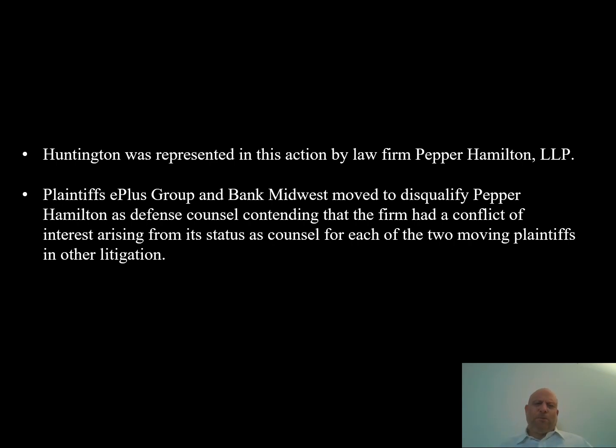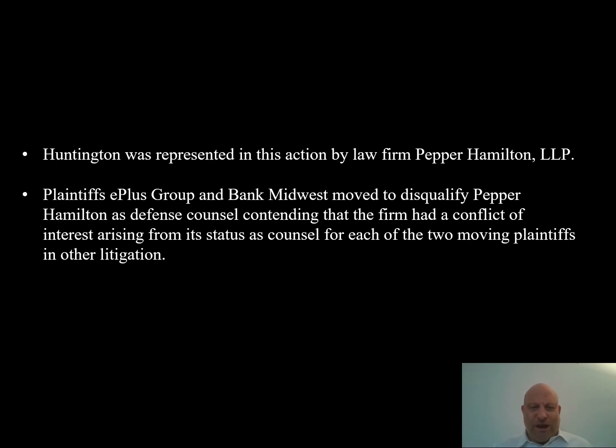So the action is being brought by Bank Midwest, and Pepper Hamilton is representing Midwest. I'm going to call them Pepper going forward. Problem is, Pepper is also representing Huntington, or wants to represent Huntington. And so that's the problem.